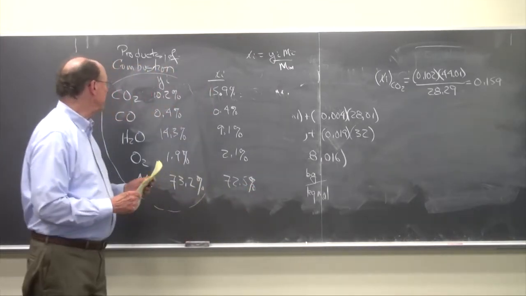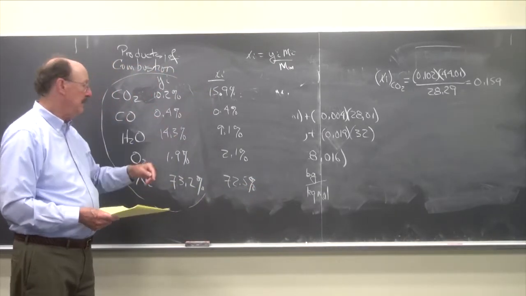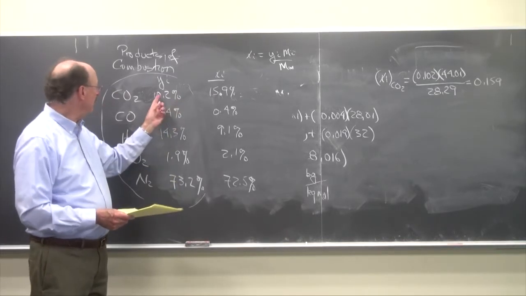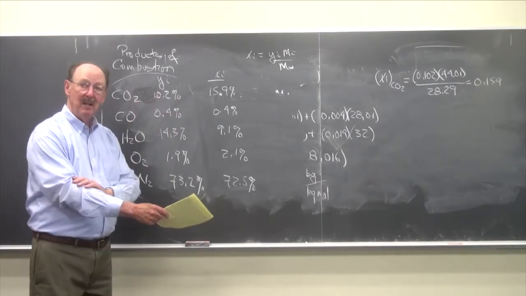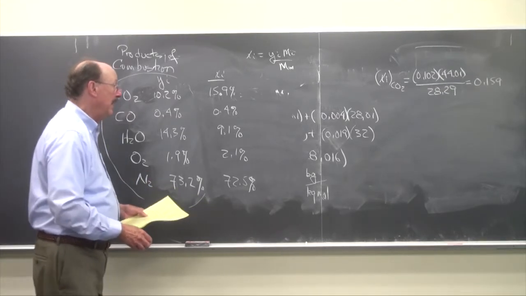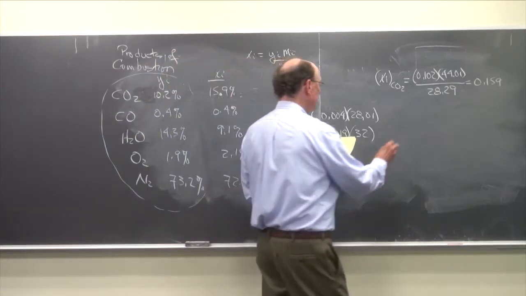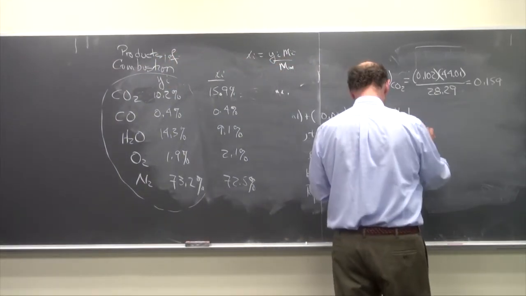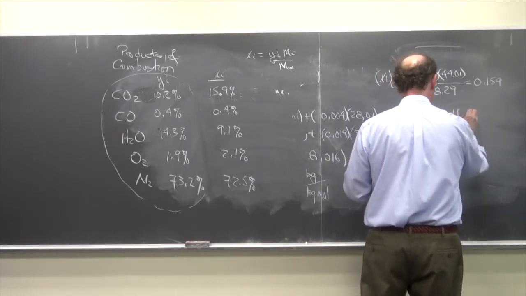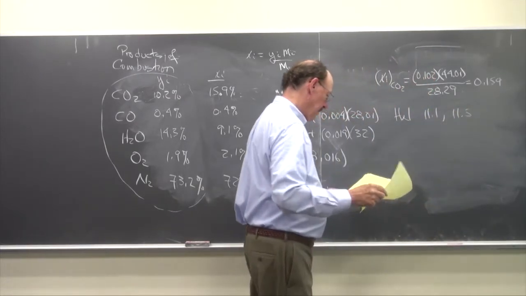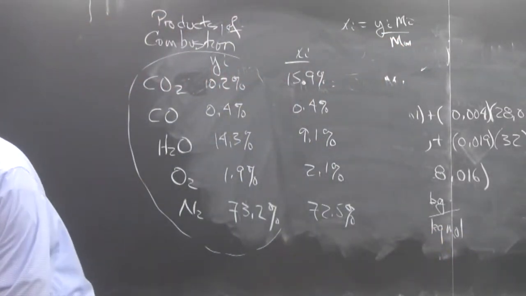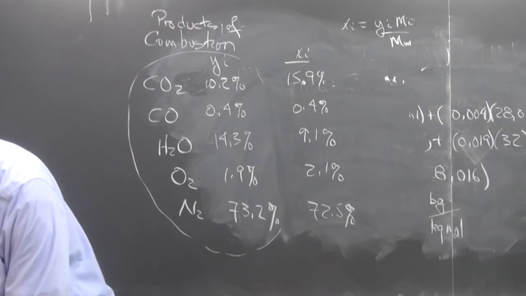So there is a difference, and it really depends on how far the molecular weight of the gas is from the molecular weight of the mixture. For homework related to this, do 11.1 and 11.5.